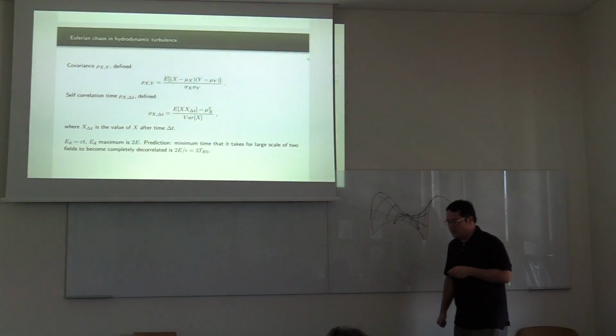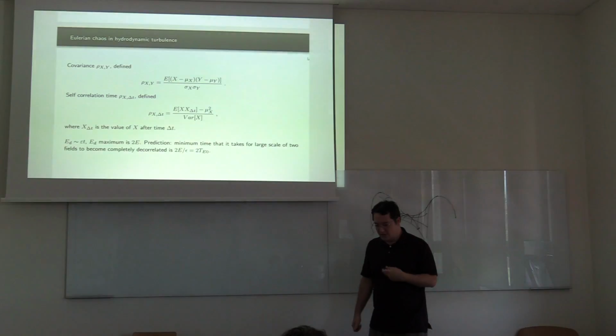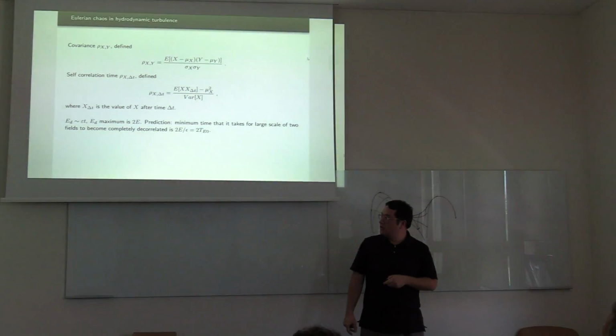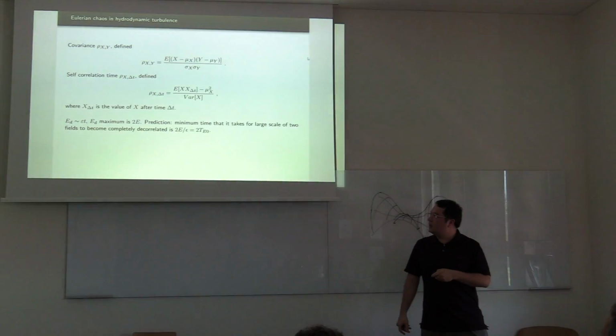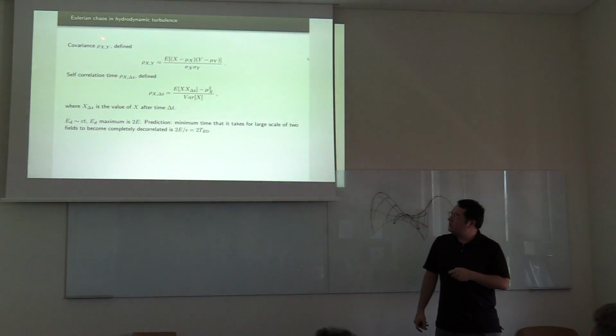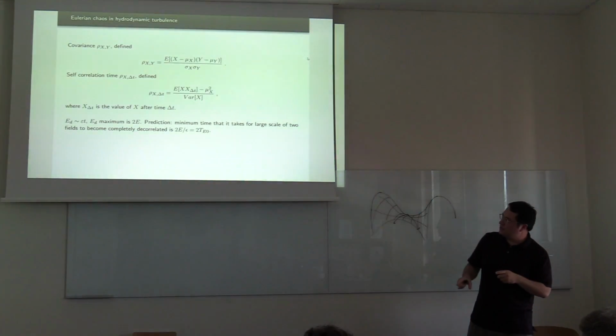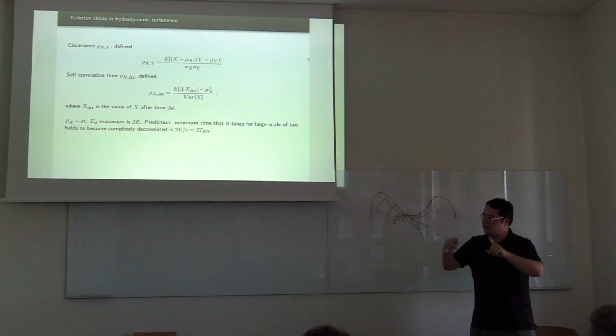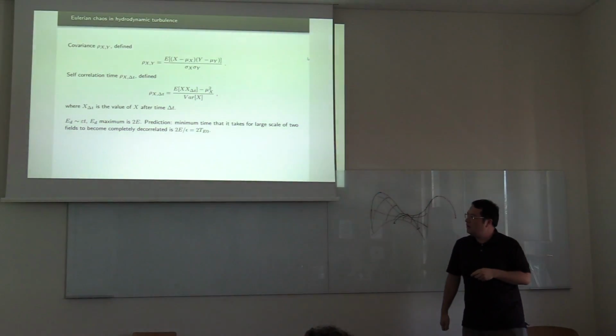Okay, so we can measure the predictability in a different way, which is with the covariance. The covariance is sort of the relationship between two variables. So if the correlation is 1, they are completely correlated, and if it's 0, they're uncorrelated, and if it's -1, they're anticorrelated.